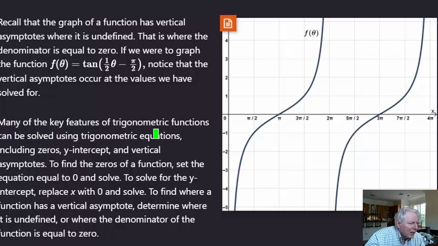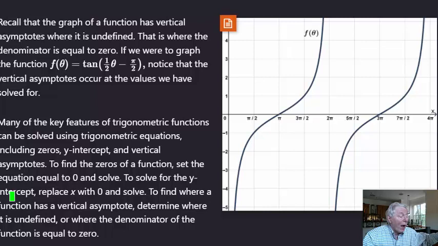It goes, many of the key features of trig functions can be solved using trigonometric equations, including zeros. So what they're kind of telling you now is we could ask you, find this function when it equals 0, or find the y-intercept of this, or find the vertical asymptotes. To find the 0 of a function, set the equation equal to 0 and solve it. That's easy enough.